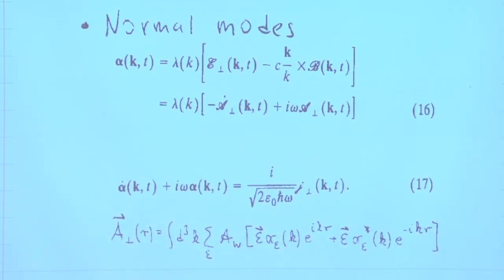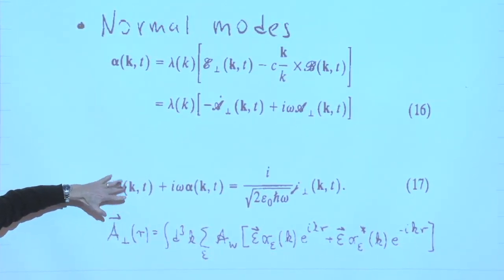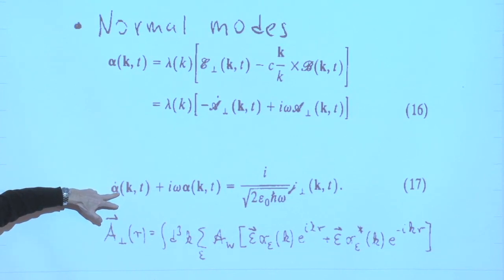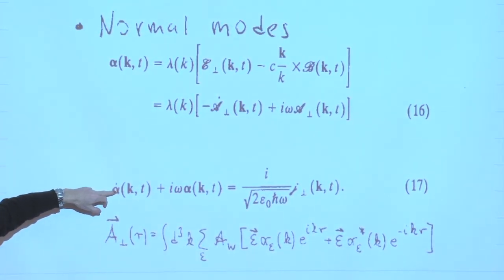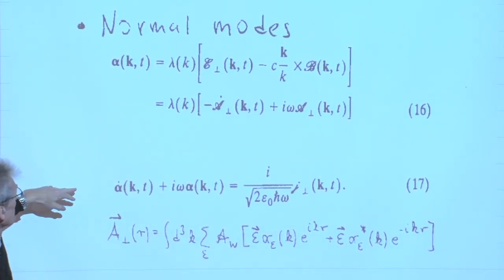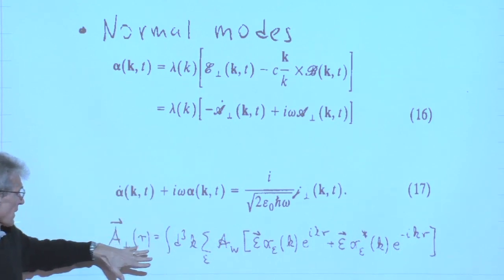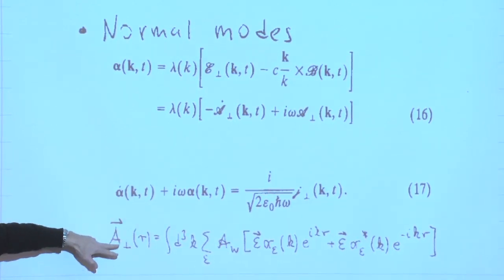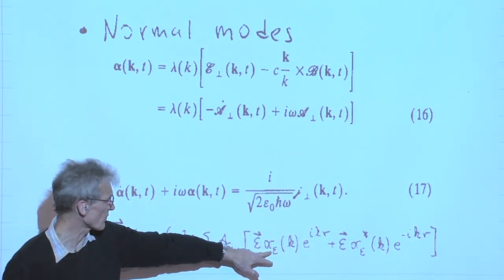Okay, so what we obtain now is an equation of motion for the normal mode variables. And here I have reminded you how the transverse vector potential can be expressed by the normal mode variables.